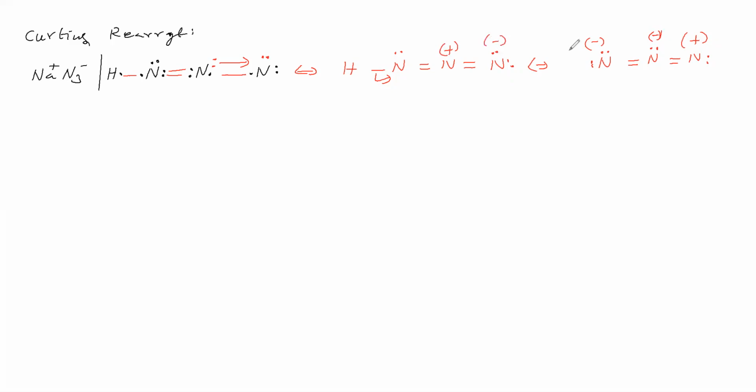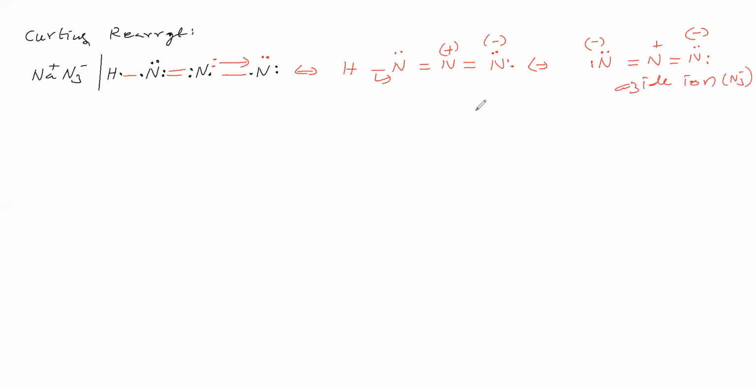In that manner we will change here also. So here N plus, here a negative charge. This is called N3 minus, the azide ion.